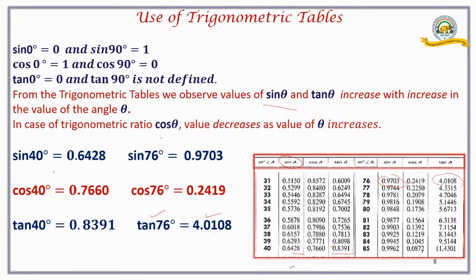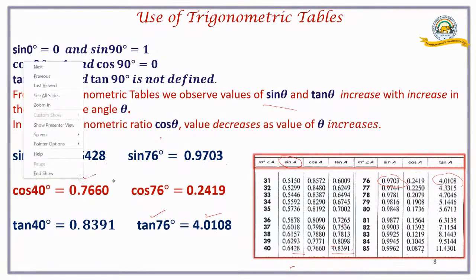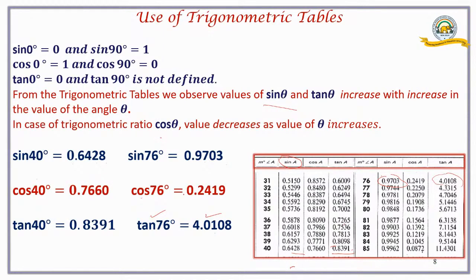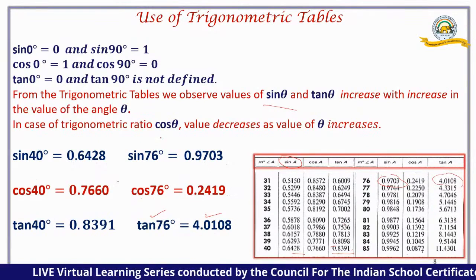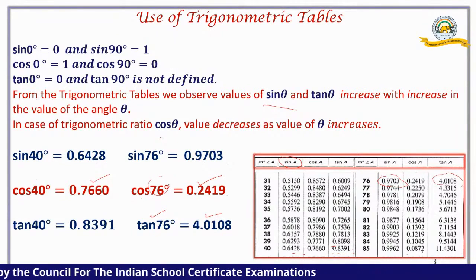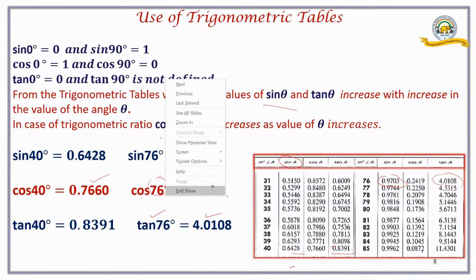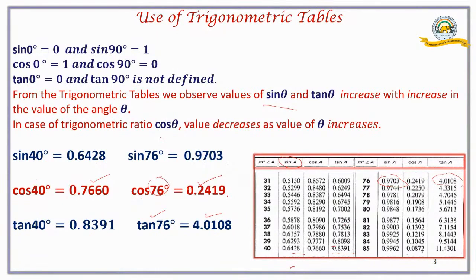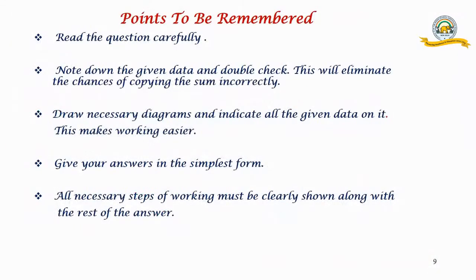Now look at cos. Cos 40 is 0.7660. But when we are looking for cos 76, it's 0.2419. See, this value is less than this value. So though the angle has been increased, the value has decreased. So remember this concept that for cos, the value goes on decreasing as we increase the value of the angle. So I hope this is clear.